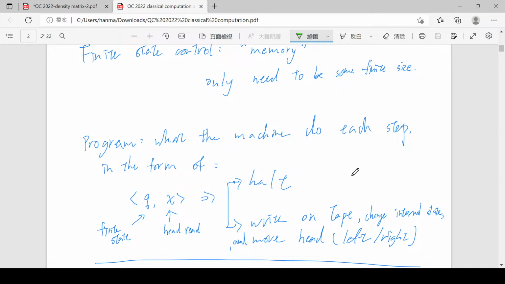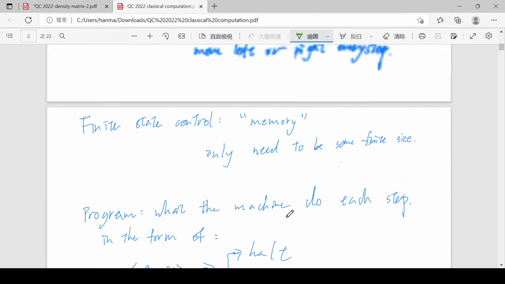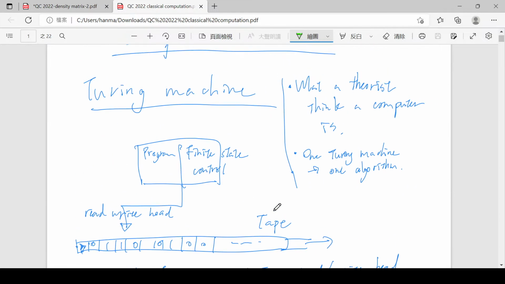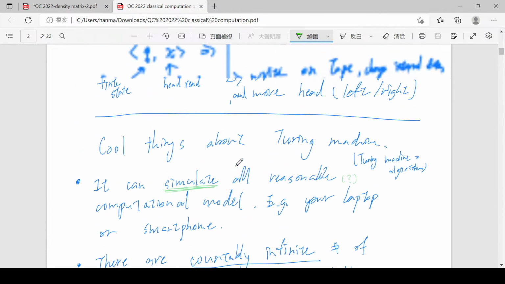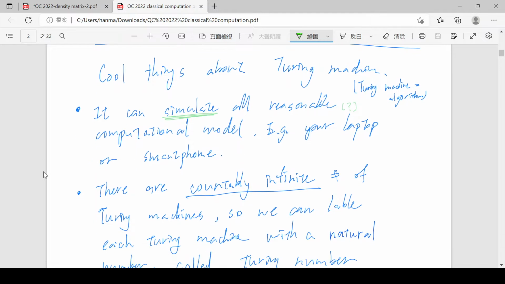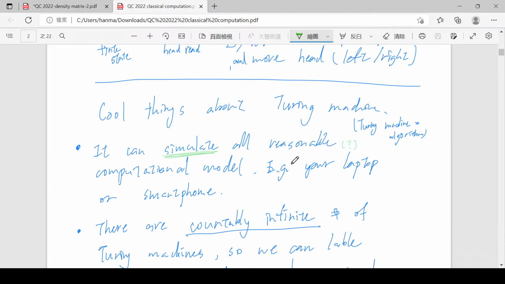Either hold, or do all three of those: write on the tape, change the internal state, and move the head. So that's the Turing machine. And well, we don't give an example here, but let's have some description here.